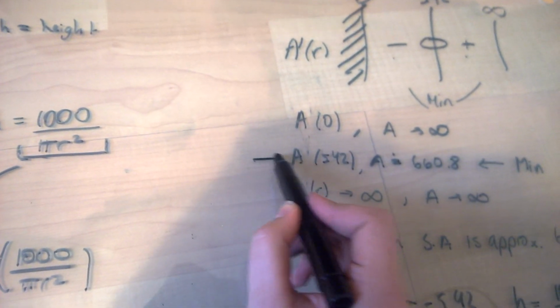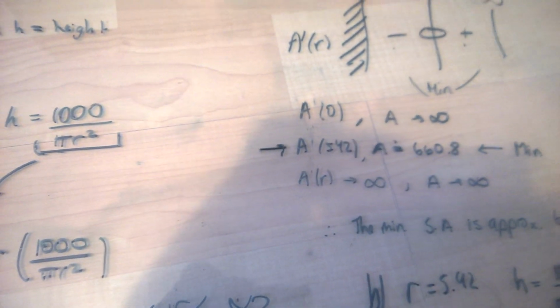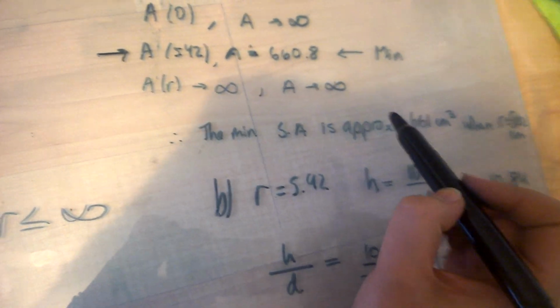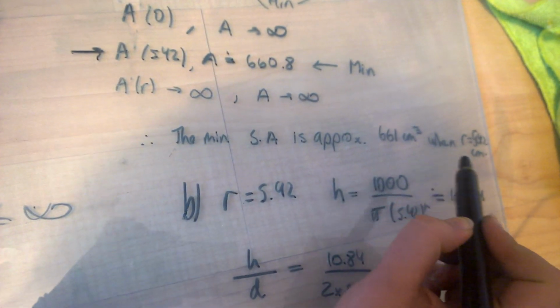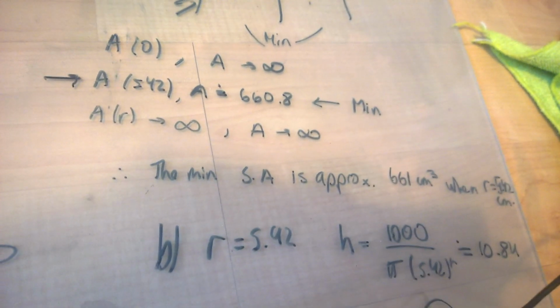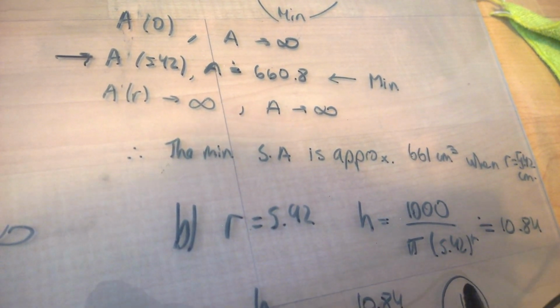So now we know that A of 5.42 is our minimum. So the minimum of the surface area is approximately 661 centimeters squared when r equals 5.42 centimeters, and that was part A.